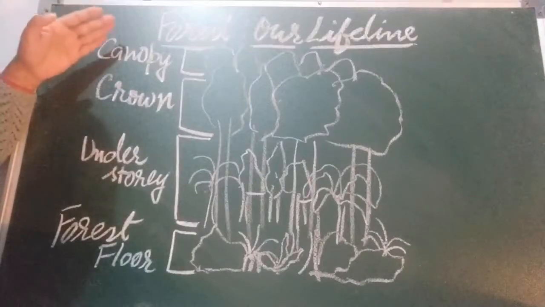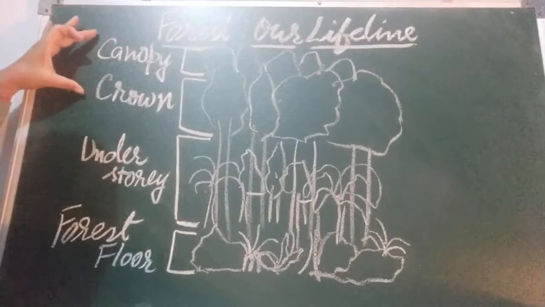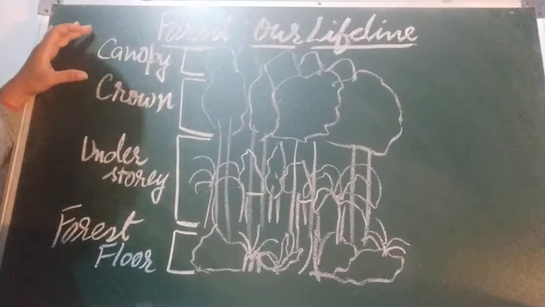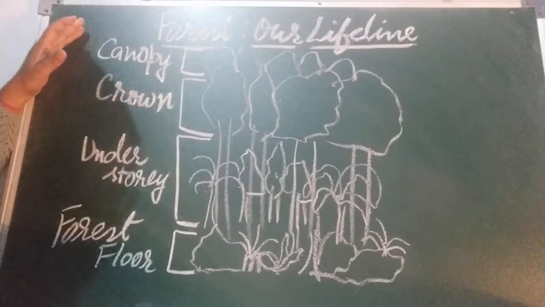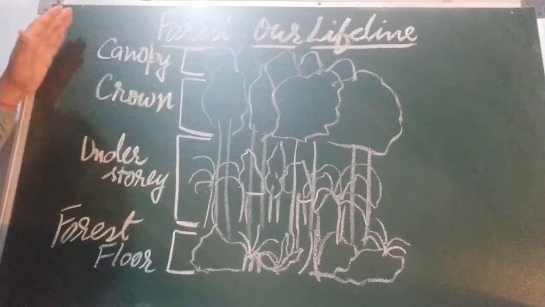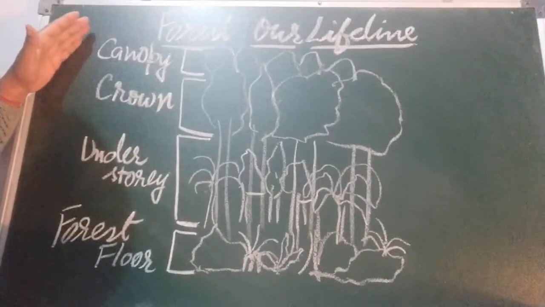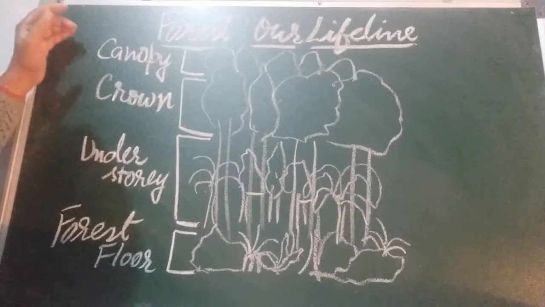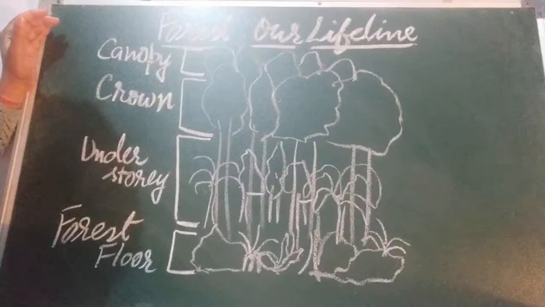First is the canopy layer. Children, sometimes we merge these two layers, canopy and crown, but here in our book they have given them separately. The forest top layer consists of the branches and leaves of tall trees forming a kind of roof or umbrella over the smaller trees and other plants in the forest.